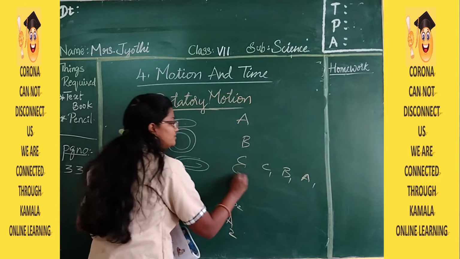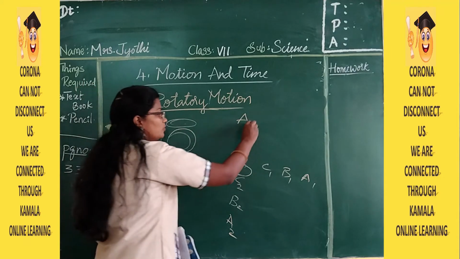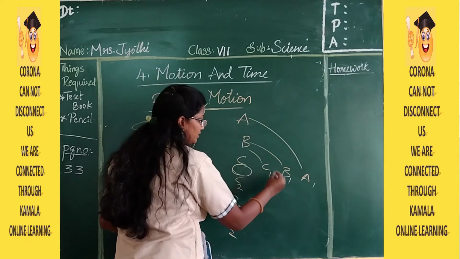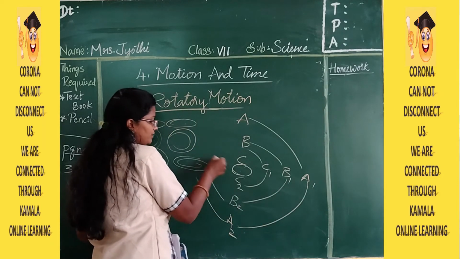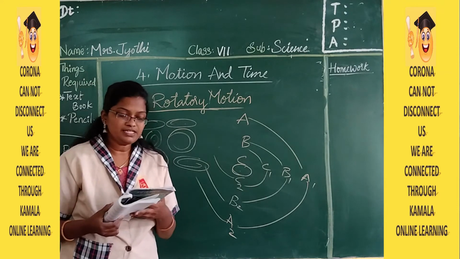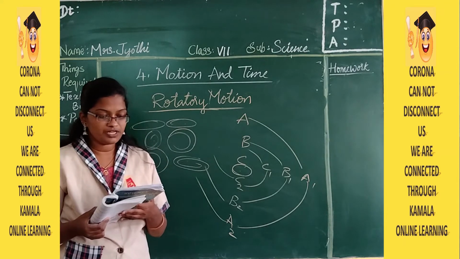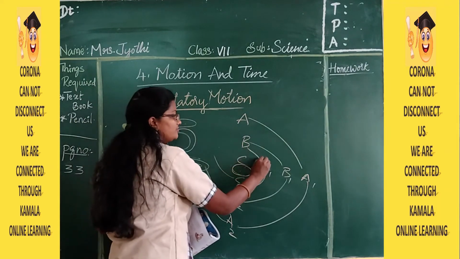So this middle point is the fixed point. So around that fixed point they are moving in a circular path. And again from here to here they move in a circular path. The imaginary line that passes through the fixed point is called the axis of rotation. So these are the lines which I have drawn.